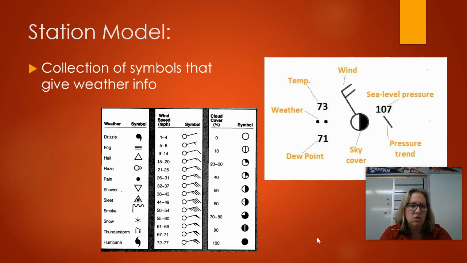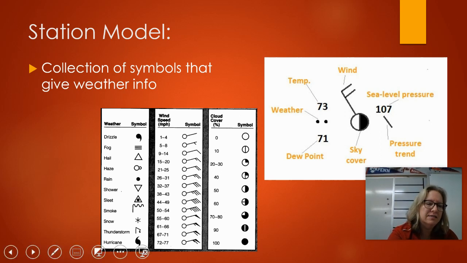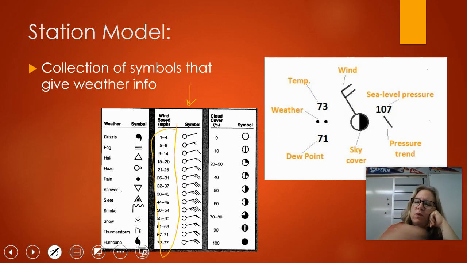Okay. So the circle portion is the cloud cover. And then these lines coming off that circle indicate the speed. However many tick marks you have coming off of it coincides with the speed. But the direction this part is pointing indicates the direction the wind is coming from.